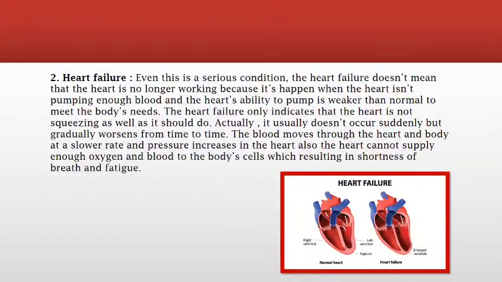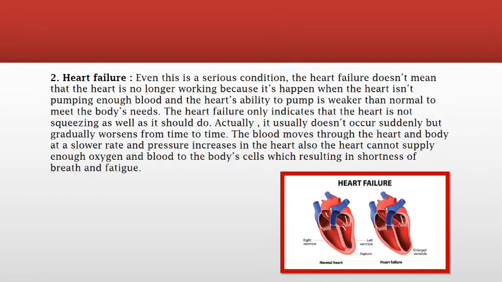Second, heart failure. Even though this is a serious condition, heart failure doesn't mean that the heart is no longer working, because it happens when the heart isn't pumping enough blood and the heart's ability to pump is weaker than normal to meet the body's needs. Heart failure only indicates that the heart is not squeezing as well as it should.